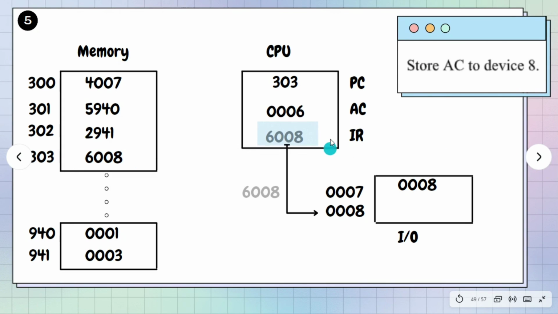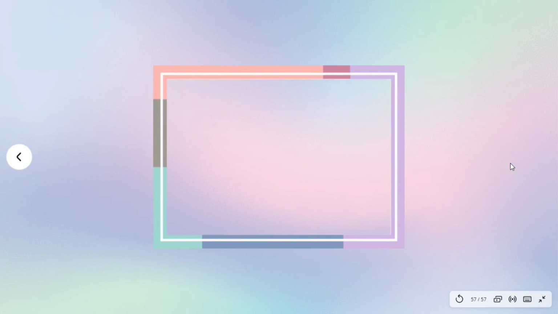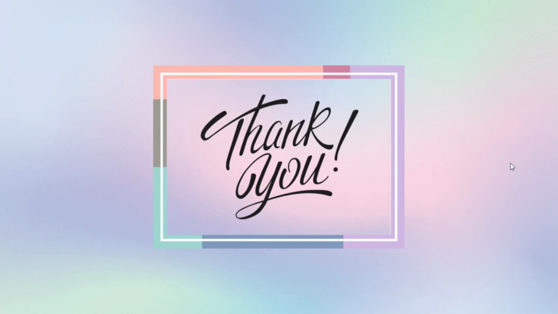So we will store the current content of the AC to the input-output device 8. After that, we will take the current value of the AC and store it in memory location 941. So it's moving, and that's it. It's stored in memory location 941. And after that we have finished the steps and we have done the instructions.